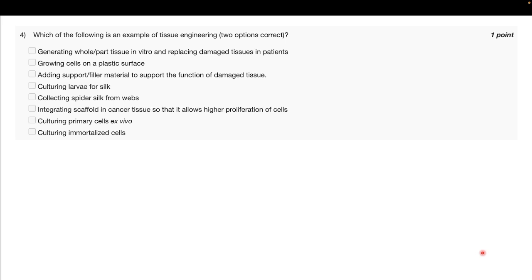Next is, which of the following is an example of tissue engineering? Again, we have to choose two correct options. So I'll give you people some time to read through this list of options. If anybody knows the answer, please let me know.